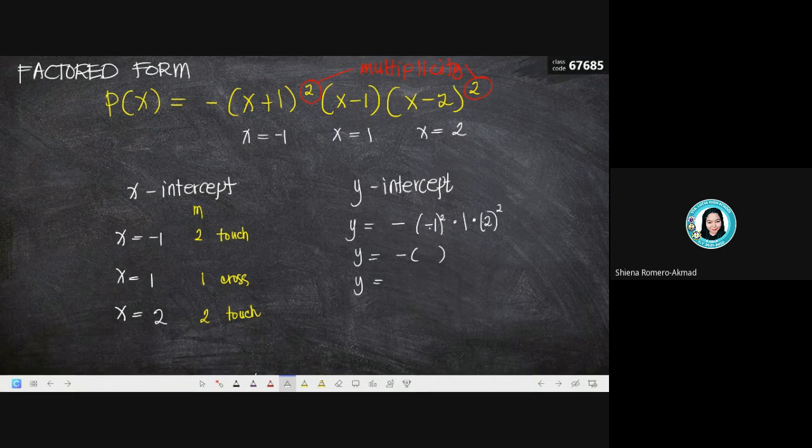Ayan, dapat ganyan. So, -1 times negative 1 is positive 1. Positive 1 plus positive 1 is 1 times 4 is positive 4. So, dapat magiging negative 4.